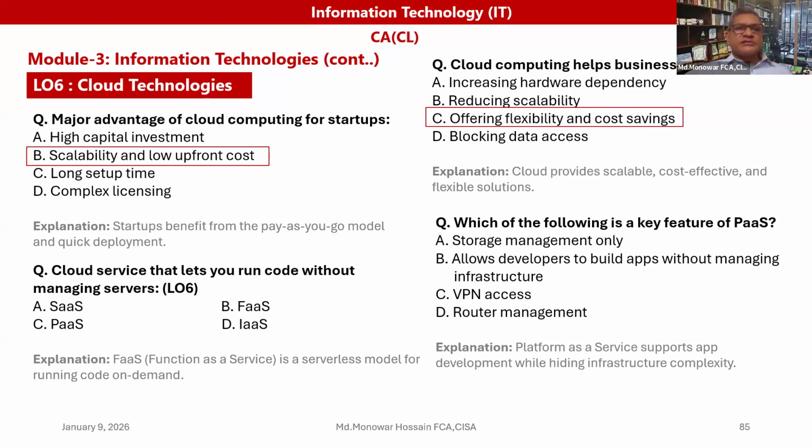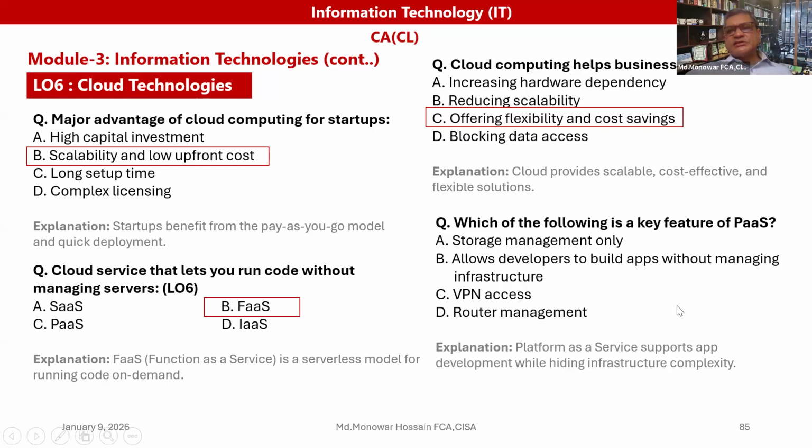Which cloud service lets you run code without managing servers? What is this? It is function as a service, a serverless model for running code on demand. Answer B. Which of the following is the key feature of platform as a service?